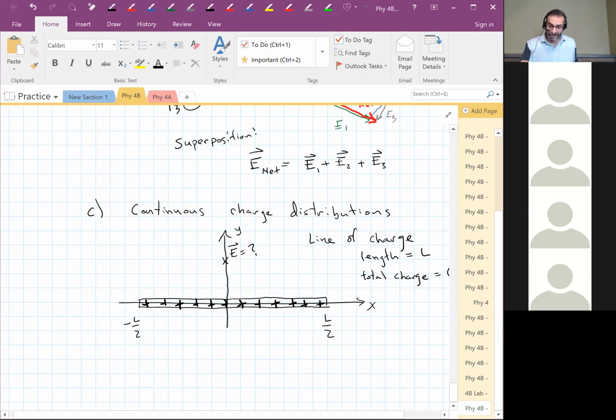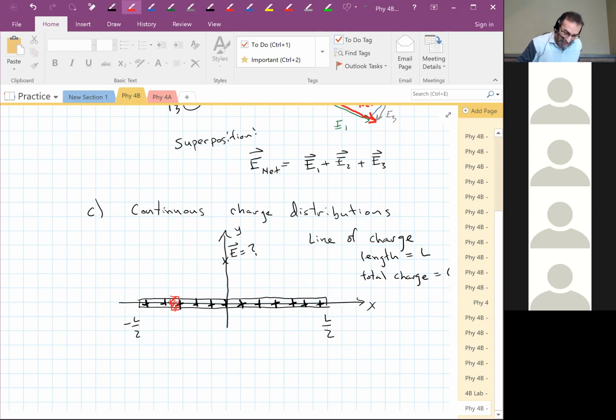I'm seeing people say integrate. Yes, we pick some little tiny chunk of it. And that little tiny chunk is so small, it's like a point charge. We treat it like a point charge, and then we add up the effects from every little chunk that makes up the whole thing.